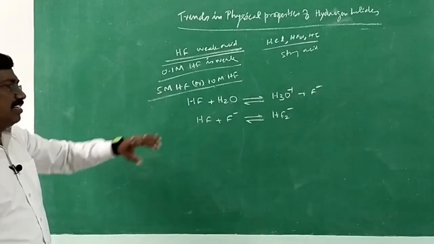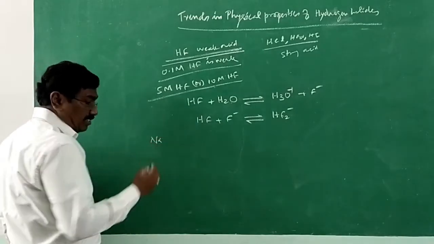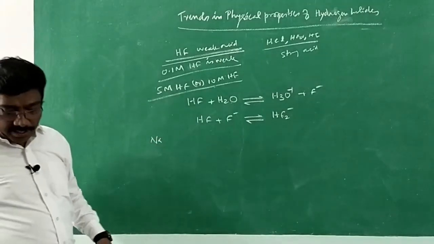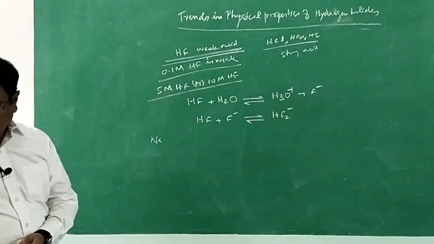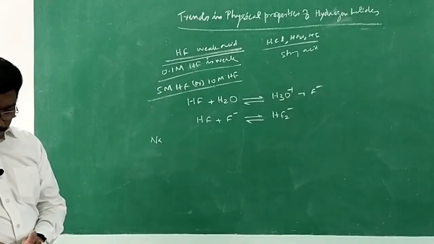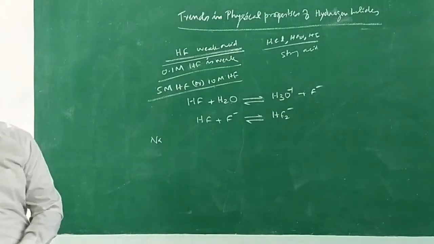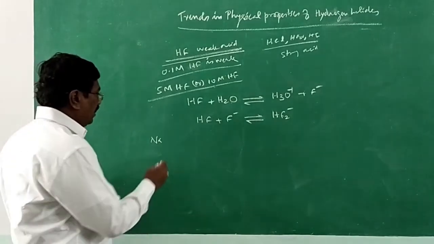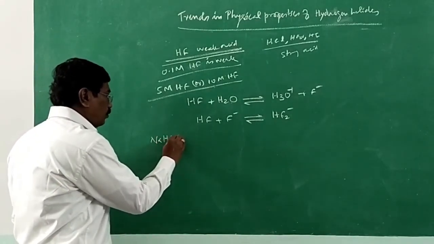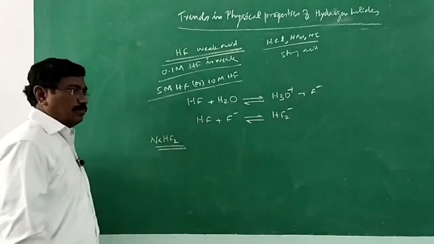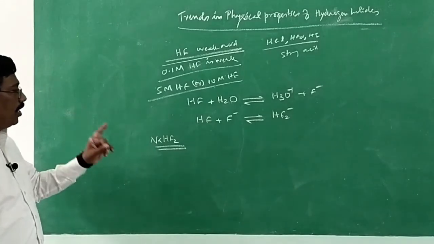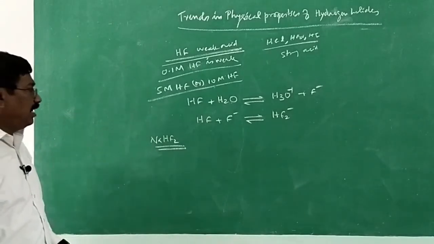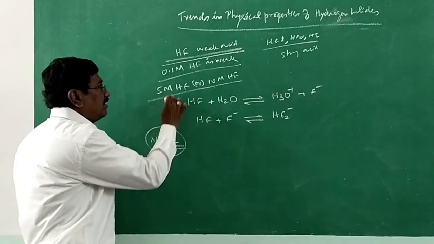With a base, say sodium hydroxide, it can form a salt. It can form the salt NaHF2 with sodium hydroxide. That means it is a strong acid.